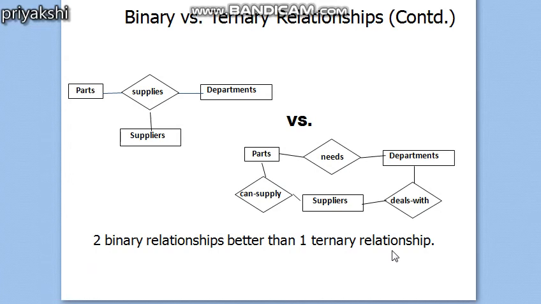So it is better to always try to design the ER diagram in terms of binary relationships, where the degree of a relationship is 2 only. Otherwise you can have a ternary relationship, but it will be much more complex. Most of the relationships that exist in real life examples are also in the form of binary relationships.